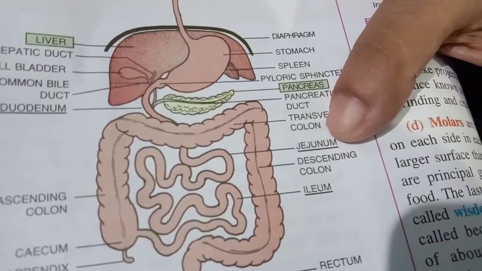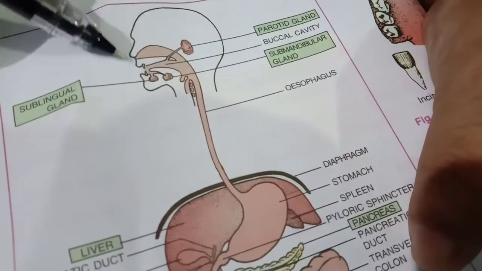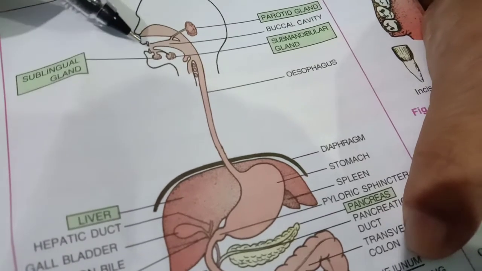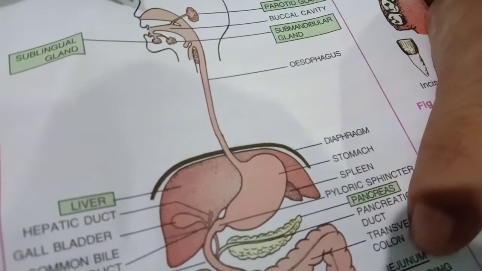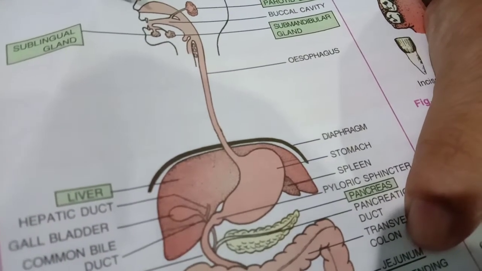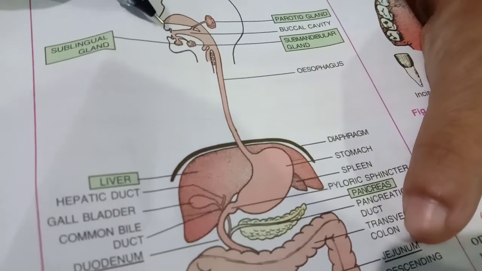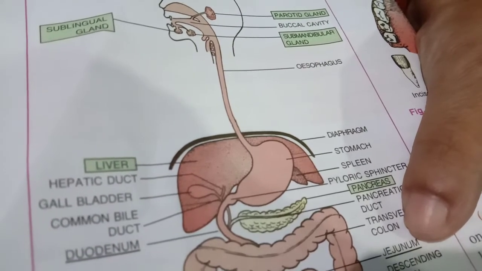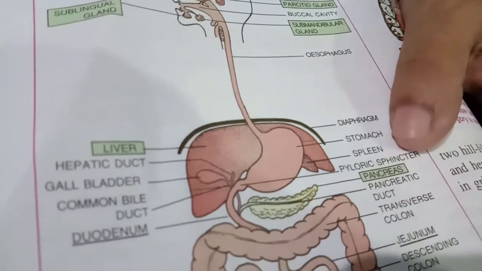So the first part includes the mouth and its various parts. The mouth is also referred to as the oral cavity, which consists of 2 outer lips, and inside you have the upper and the lower jaw. The lower jaw is movable and the upper jaw is immovable, with the teeth and the tongue.